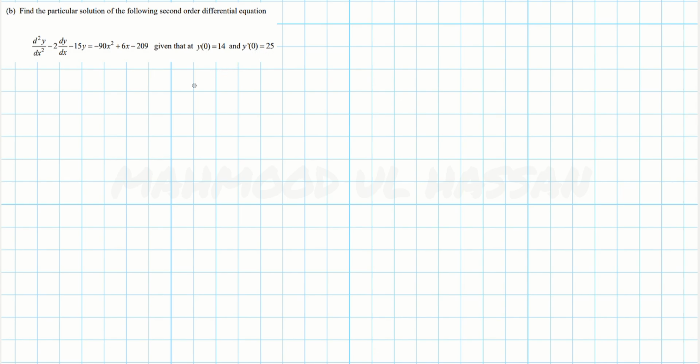Here we are going to use the method of undetermined coefficients to find the solution.